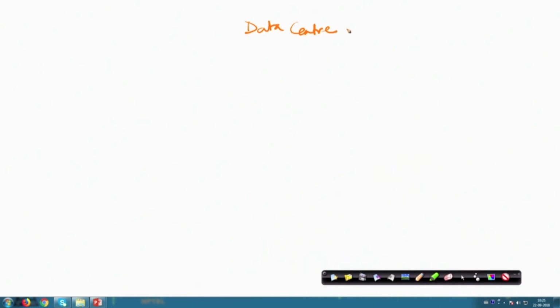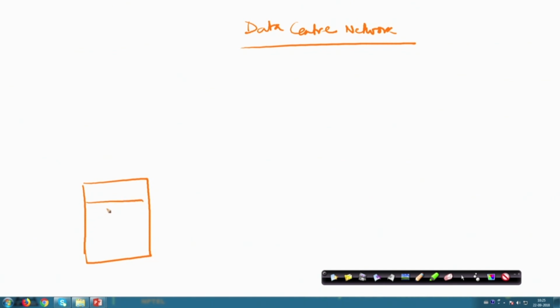So, let us talk about these data center networks and how they look schematically. In a typical data center, we will have, let us say, different servers: server 1, server 2, to let us say server n, right.